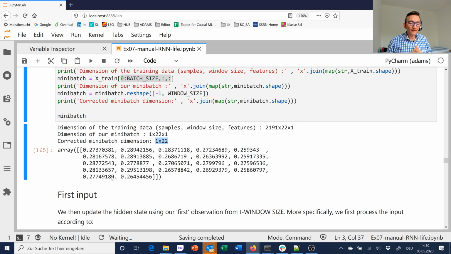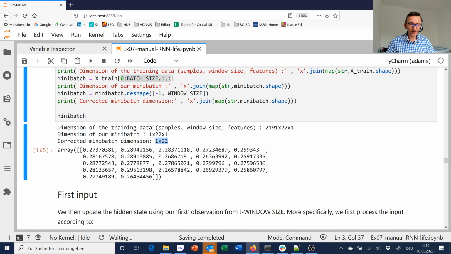That is my sequence. This is what I put into my RNN. One feature, and sequence length is 22, so 22 values, the past 22 values for that single feature. That is my input sequence, stored in mini batch. And you can try to wrap your head around it.